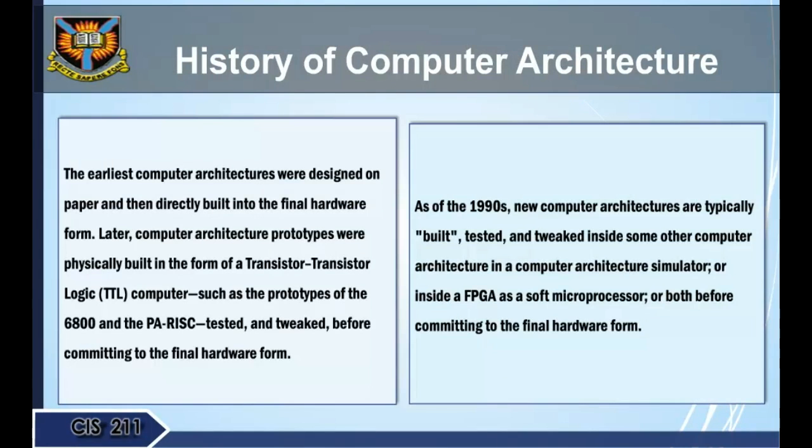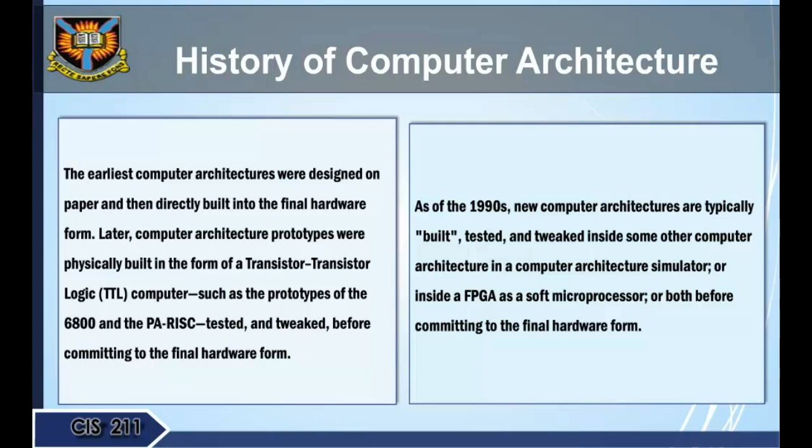The earliest computer architectures were designed on paper and then directly built into the final hardware form. Later, computer architecture prototypes were basically built in the form of a transistor-transistor logic (TTL) computer, such as the prototypes of the 6800 and the PA-RISC, tested and tweaked before committing to the final hardware form.